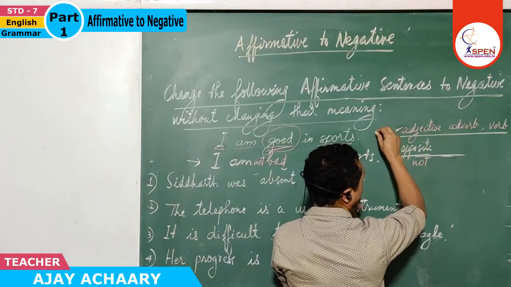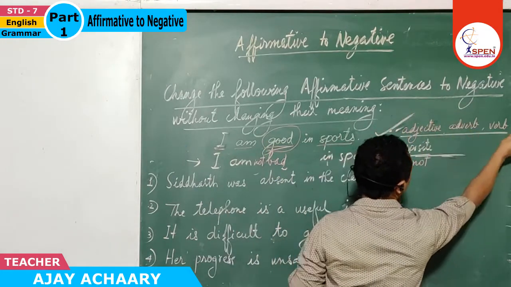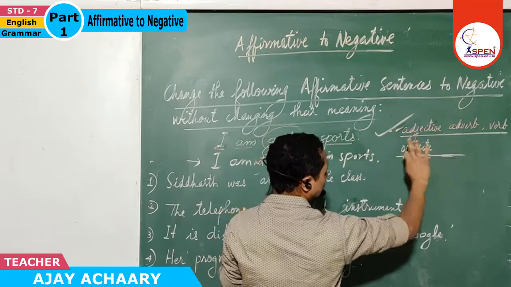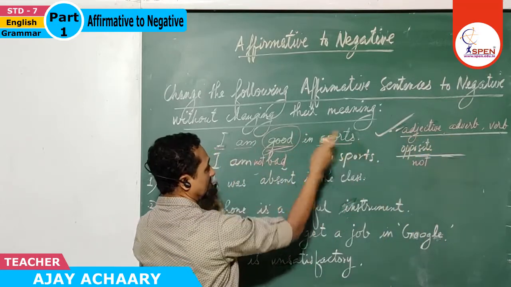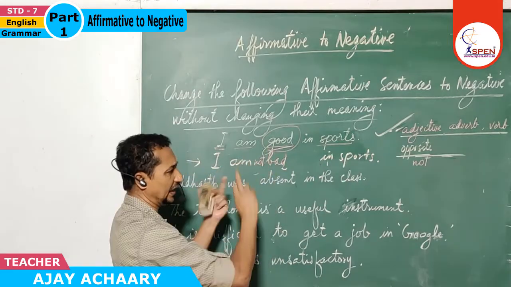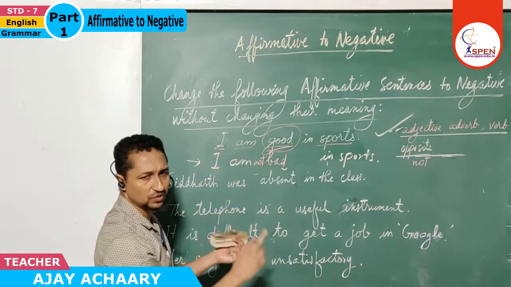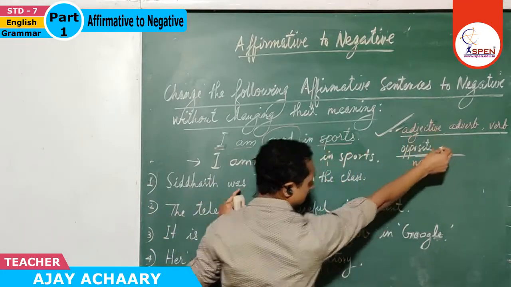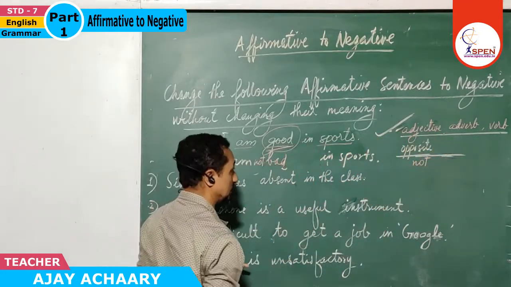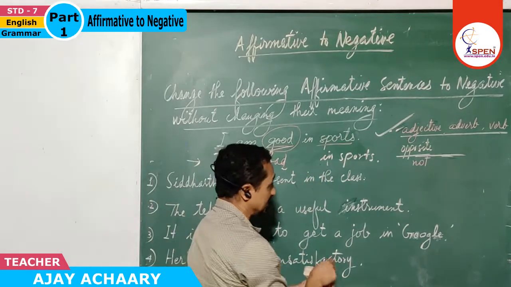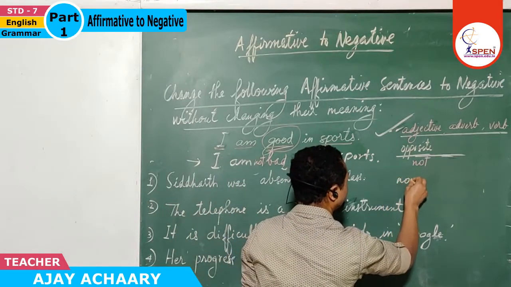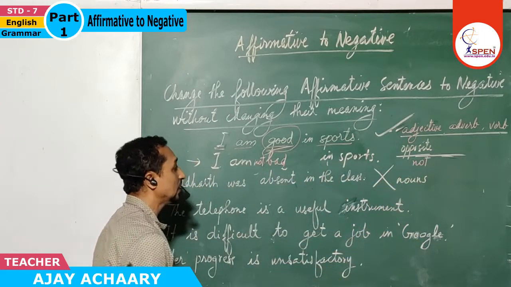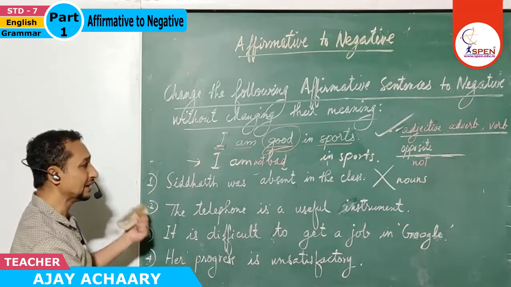In a sentence there will be an adjective, adverb or verb. We select the opposite of that word, and we add not.